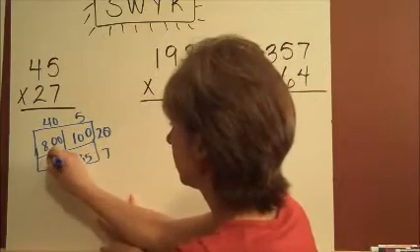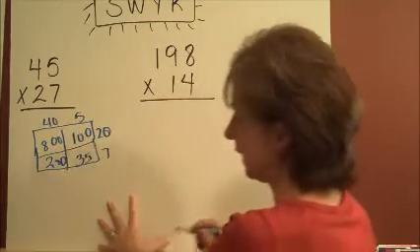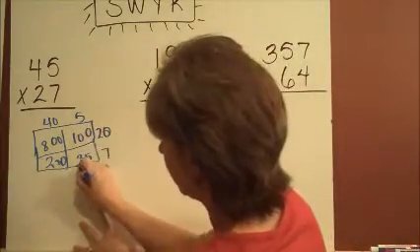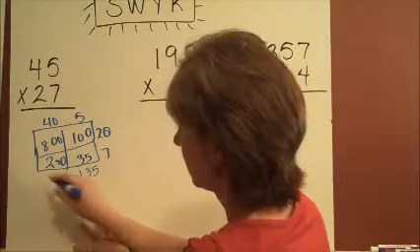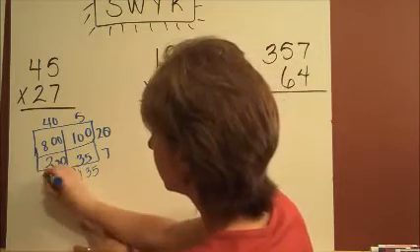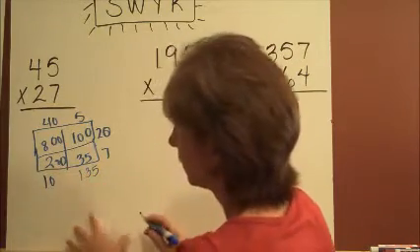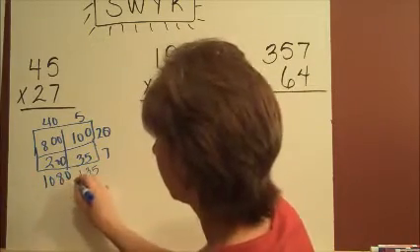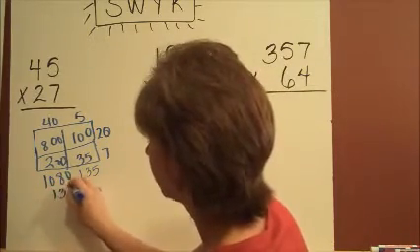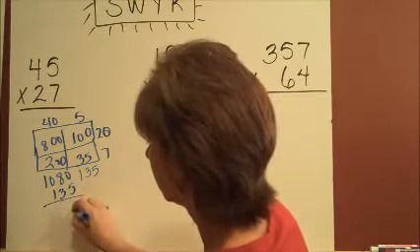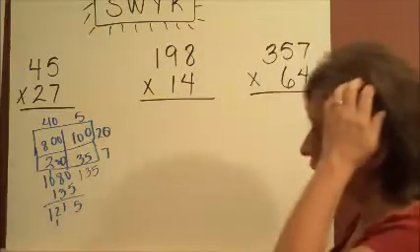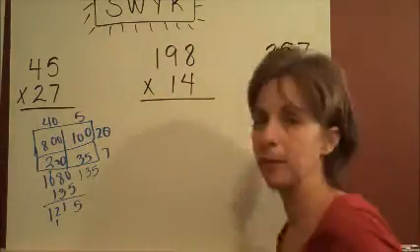And 7 times 40 is 280. Now I'm going to combine what I can do in my head. I know that this is 135 and this is 1080. So now I'm going to add those two together. So 1,215 is what I got for this one.